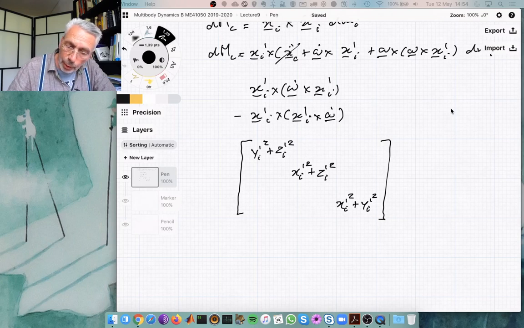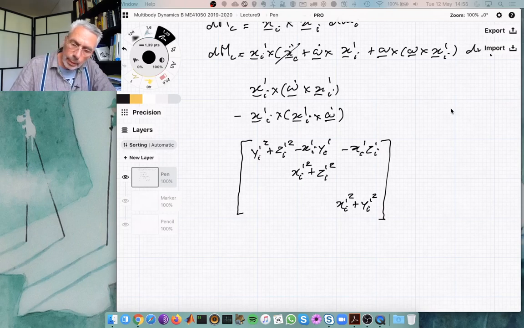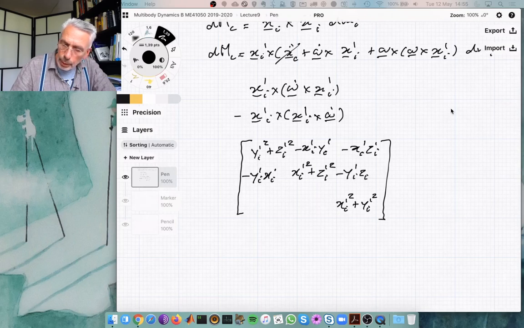Then we get these off-diagonal terms, minus x times y, minus x times z, and of course here minus y xi, and here minus y zi, and of course you can already guess zi xi zi yi.